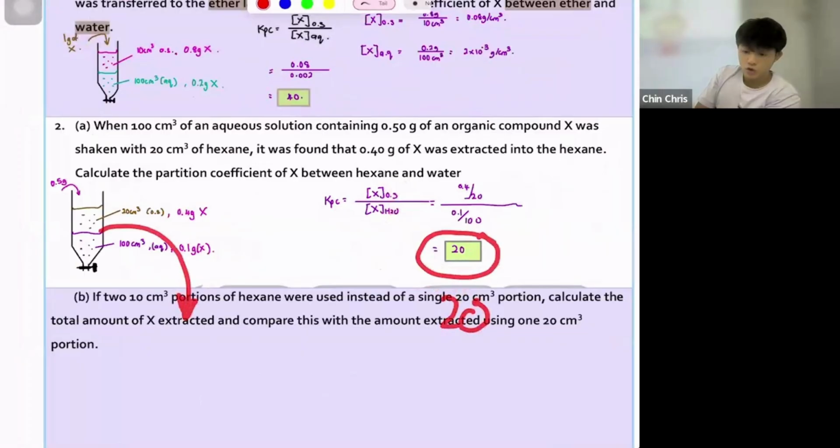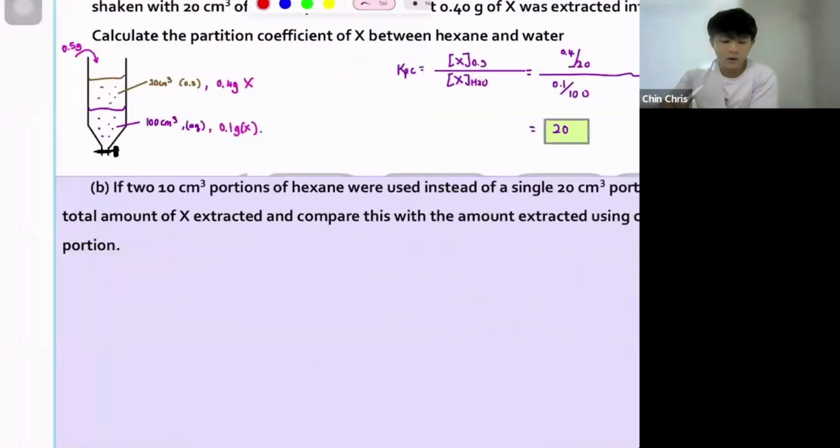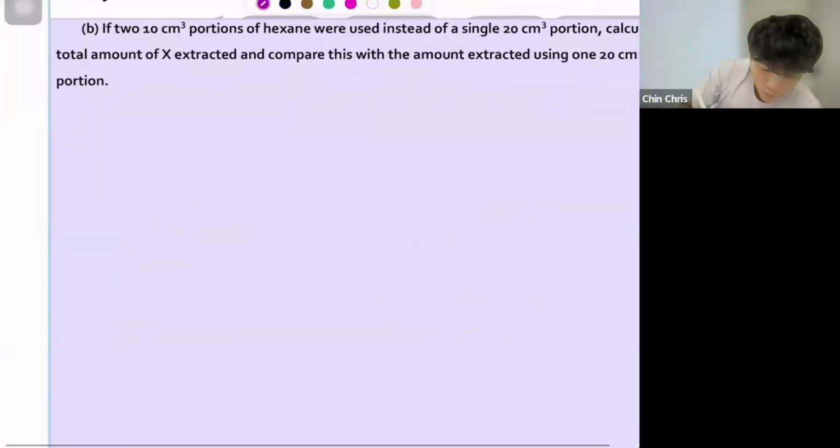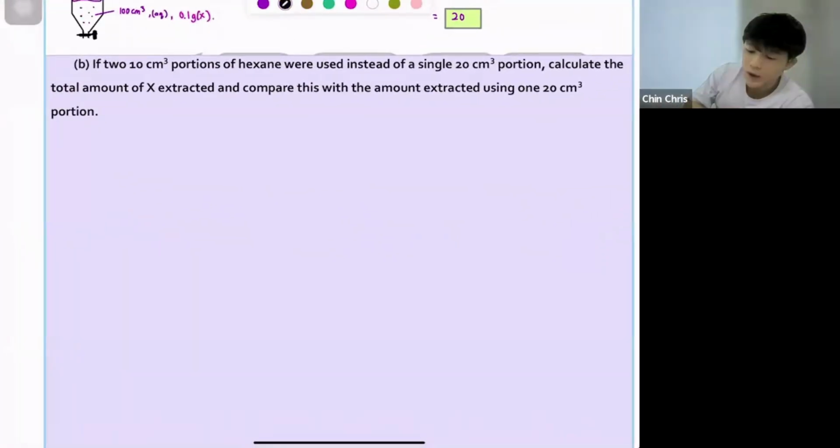Despite you are doing 2 times extraction, KPC is still 20 because K value only changes when temperature changes. Now this is what we are doing. They say 10 cm cube portion instead of a 20 cm cube portion and extract it twice. All right, guys, let's go.